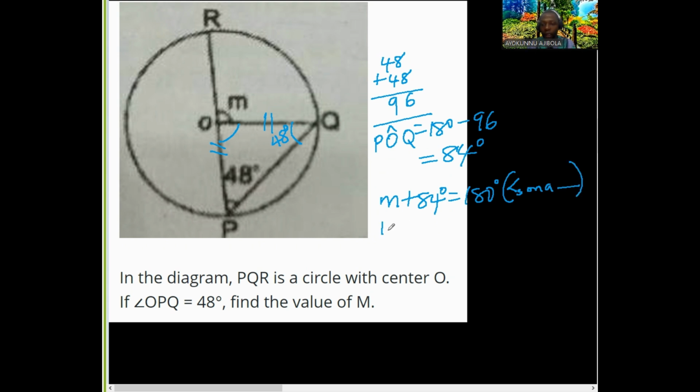So we can now say M equals 180 minus 84, and that is going to be 96, right? Is this clear to you? Yes, sir.